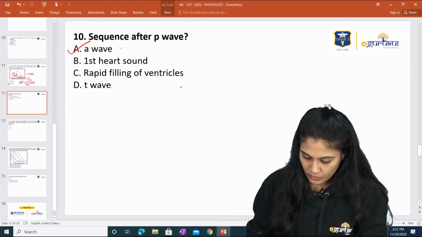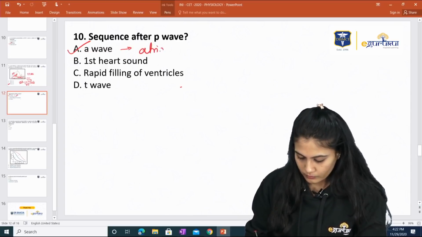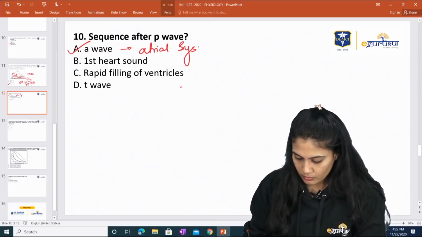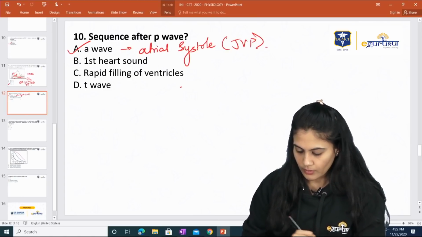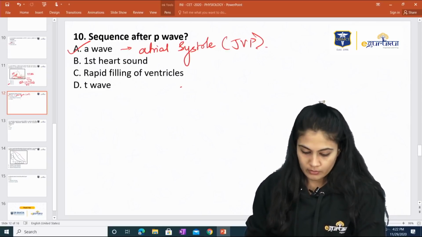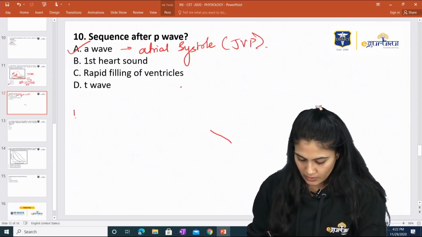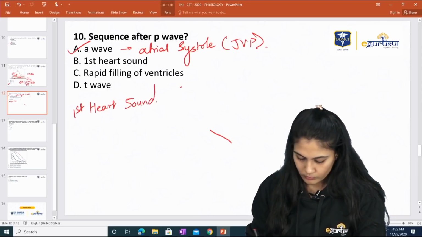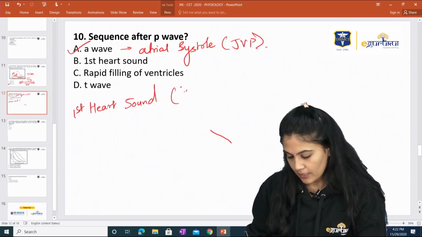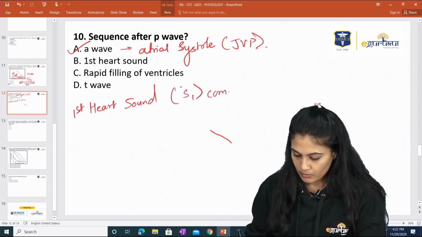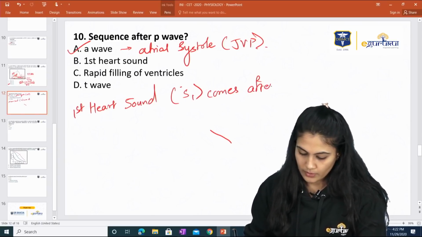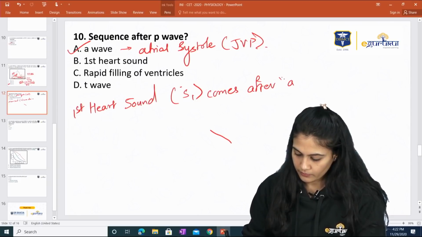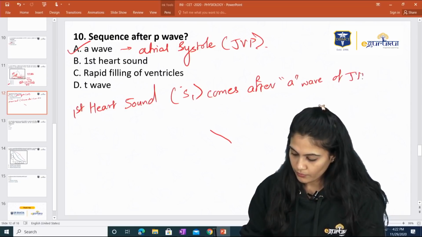So the A wave is showing the atrial systole, and this is of JVP, the jugular vein pressure wave. The first heart sound, that is nothing but the S1, comes after the A wave of JVP.